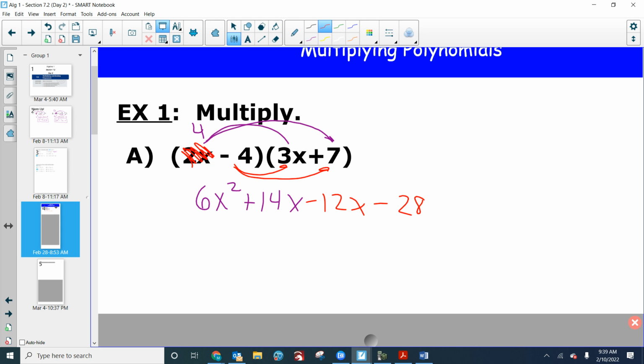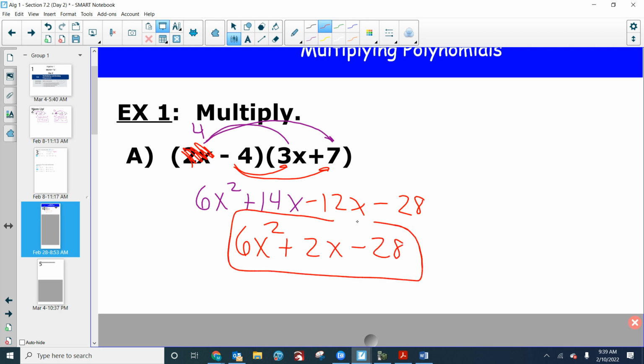What is 14x minus 12x? 2x. Said it again. What do I write? Don't say 2x. Plus 2x. Thank you. Box in your answer. Good as gold.